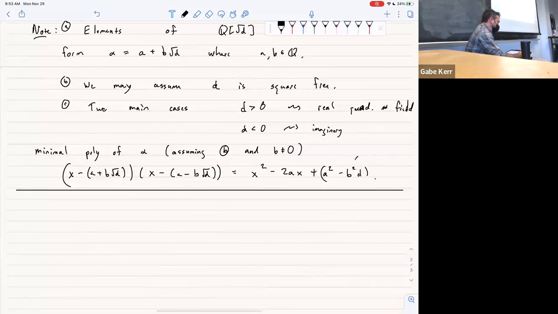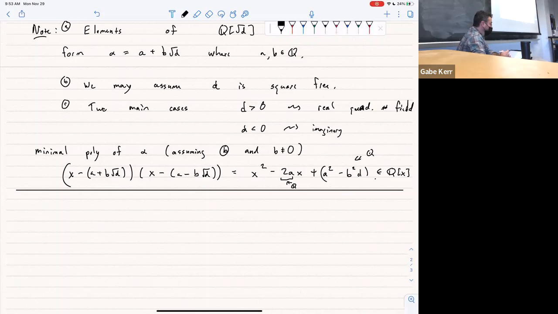So if a and b are rational, and d is an integer, then this is a rational number, and this coefficient here is also rational. So indeed, this is in the rational polynomials, and it's monic. Leading coefficient is 1. So this is a polynomial that has alpha as a root.